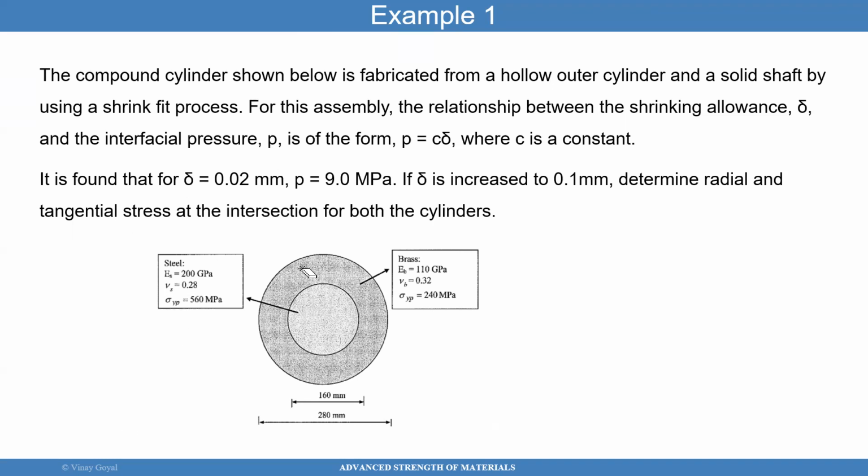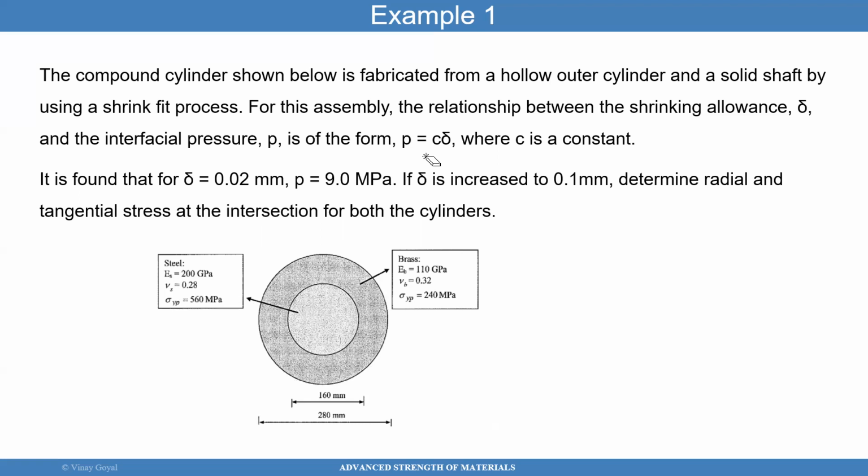P is a pressure between the steel material, which is the inner core, and the brass material that's the outer material. And so usually a relationship like that exists, and it has a linear relationship, and C is a constant.